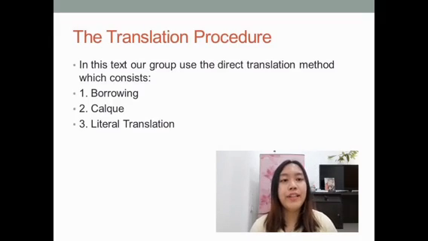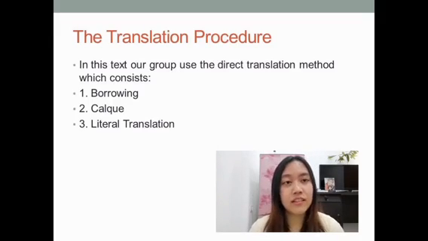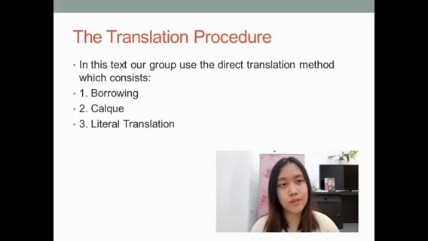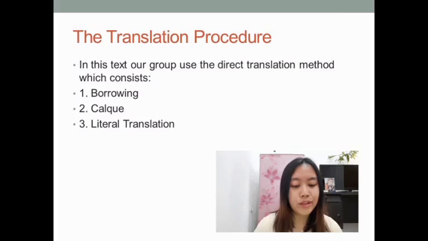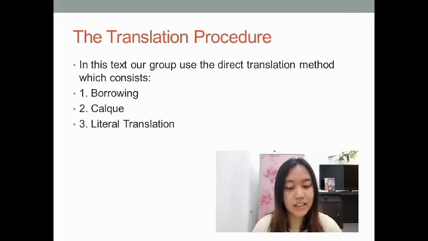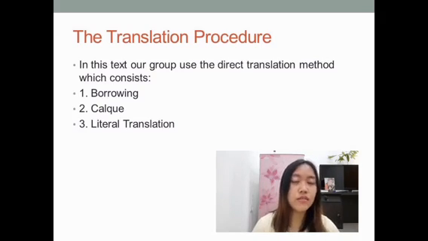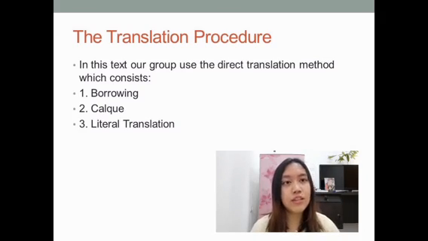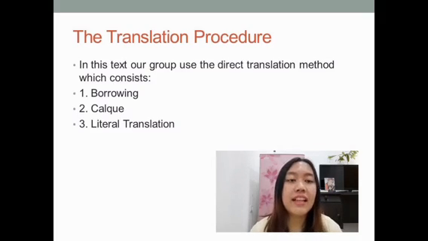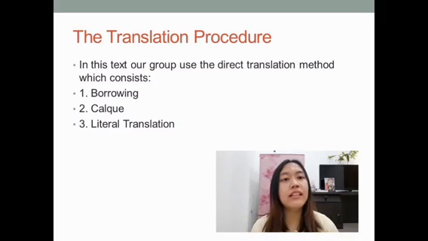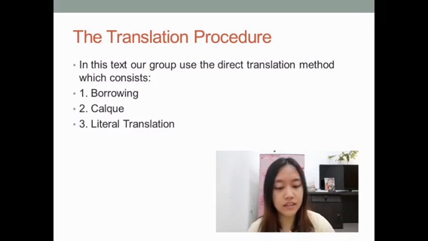So now I will explain the translation procedures that we use. We use direct translation in this translation process because we translate the text directly from the source language to the target language without changing the structure of the text.